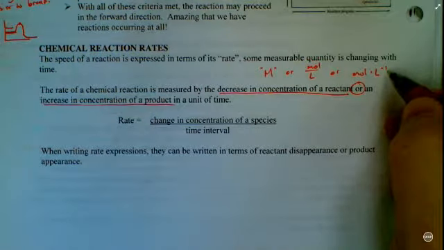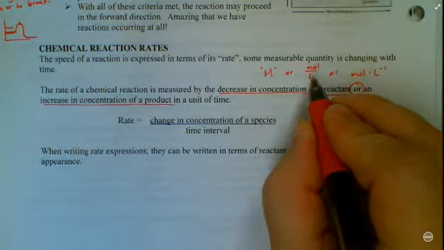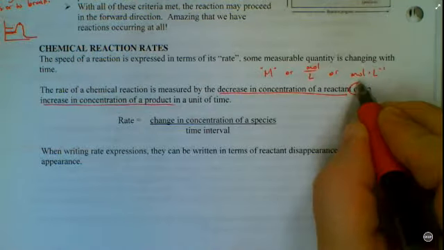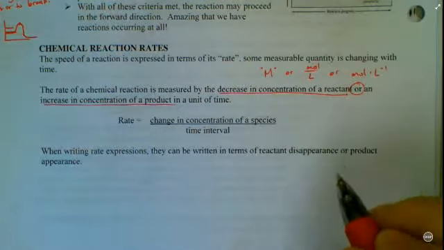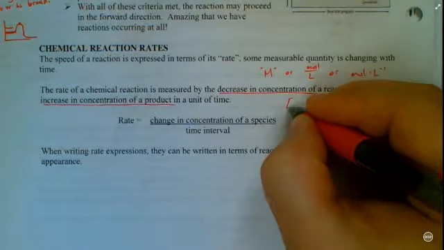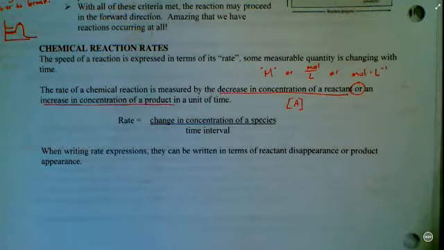I hope you remember that anything raised to the negative first is actually going to be inverted and means the same thing as this. So don't be fooled if you see this representation of concentration. It means the same thing. Brackets with that species, the concentration of that species.